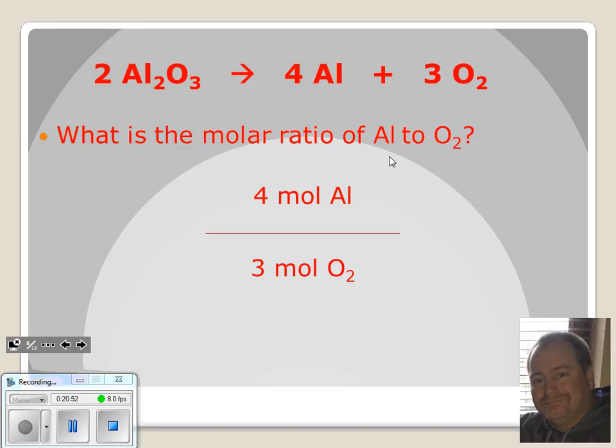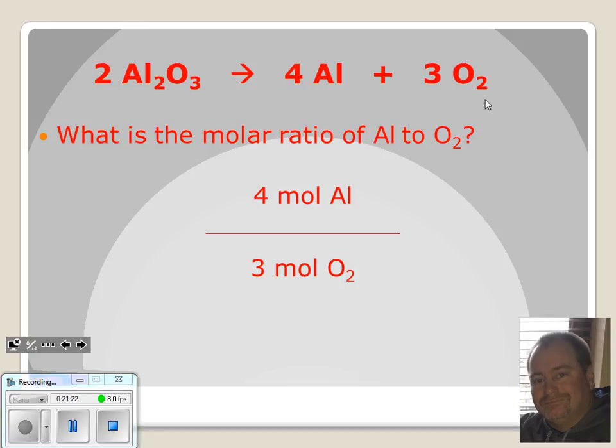Not necessarily, because aren't aluminum and oxygen both in the products? So it doesn't matter. What this is telling us is that if we have so much of this, we should produce so much of this and so much of this.